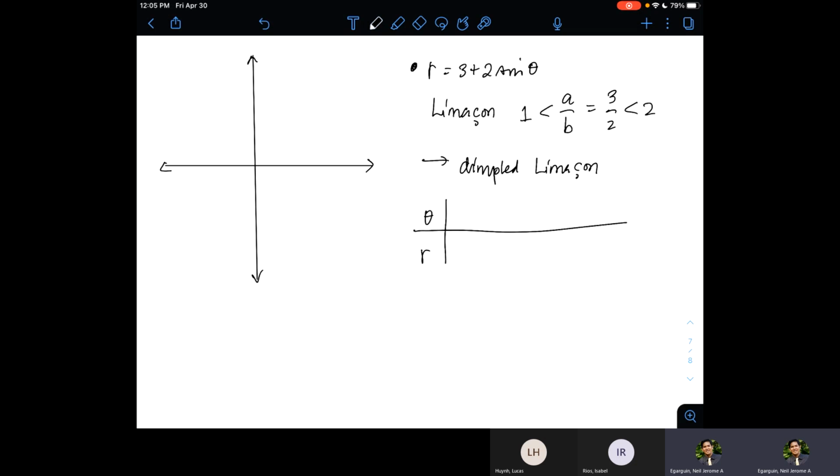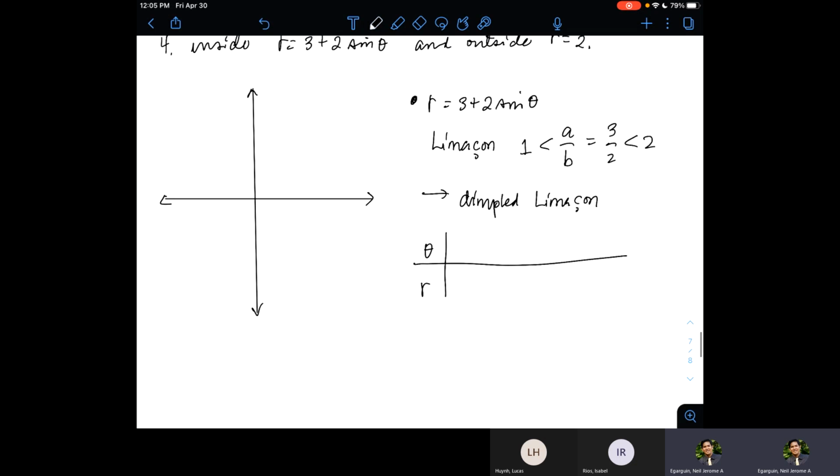I'll make a table of r and theta values. I'll use for theta the special angles, in particular the quadrantal angles: 0, pi over 2, pi, 3 pi over 2, and then 2 pi. Plugging in theta equals 0, we get 3.